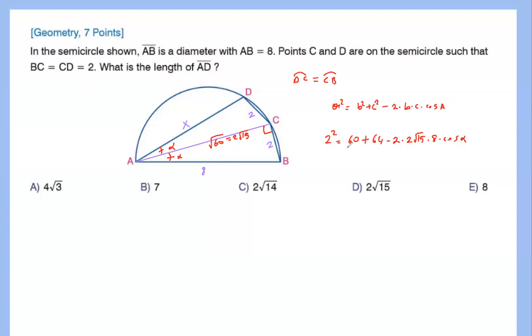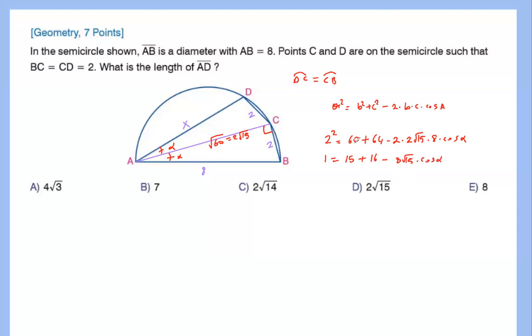I can divide everything by 4. So if I divide this by 4, that's 1, and that is 15, and that is 16. And the product, if you divide by 4, that will be 2 times 2 times 2, which is going to be 8 root 15 times cosine alpha.